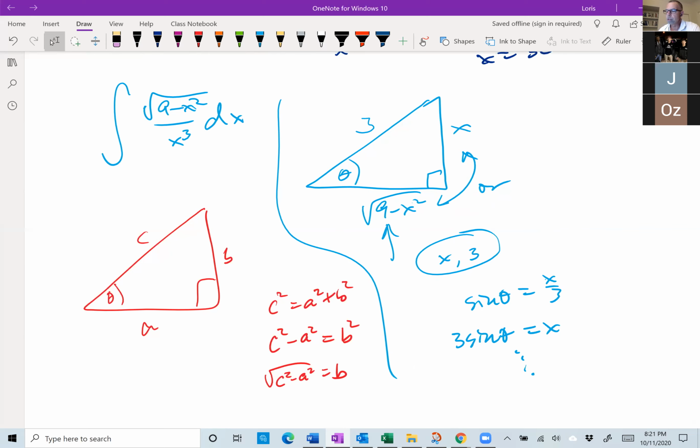No. The x has to be here for tangent. The only time the x is at the horizontal leg is with secant, when it's x squared minus the number.